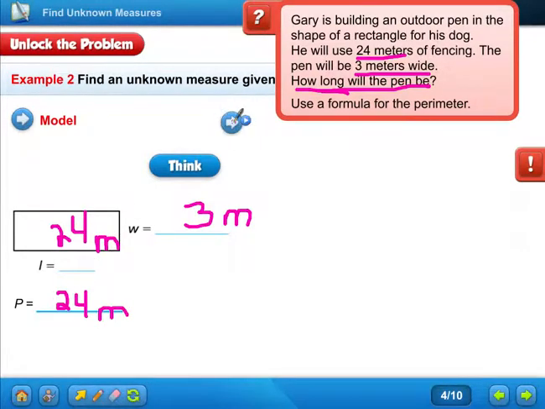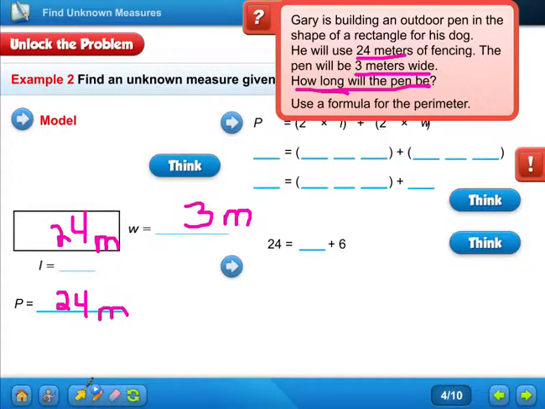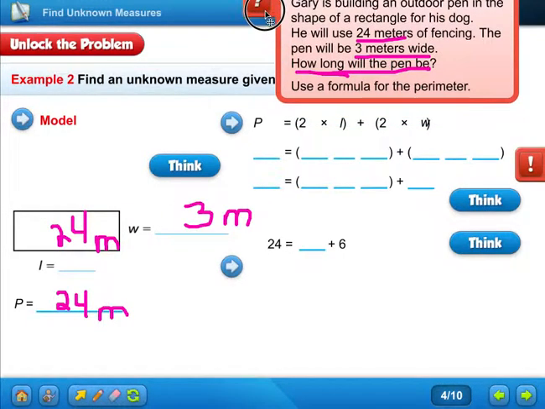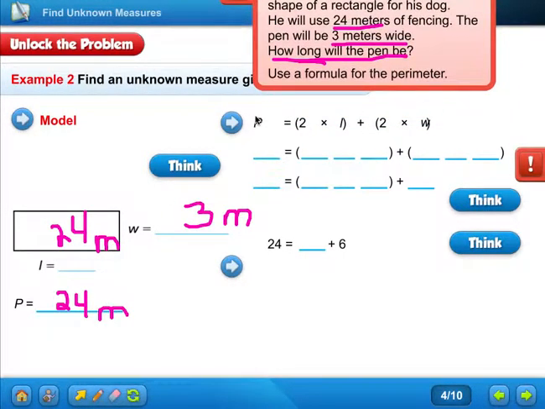All right, let's start to fill out our formula. The perimeter formula is P equals 2 times length plus 2 times width. So let's start filling this in. Do we know the perimeter? Absolutely, it's 24 meters. That's an M if you were wondering.